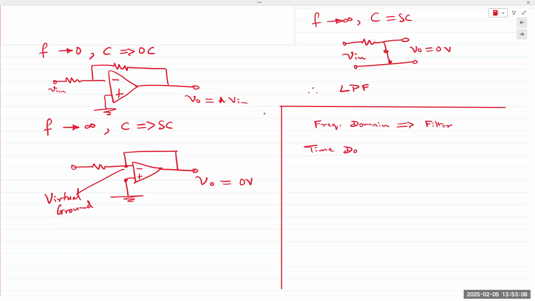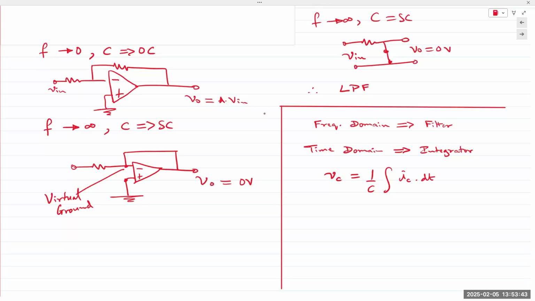If you analyze the same circuit in the time domain, it works as an integrator. Capacitor current I is C dV over dt. Capacitor voltage V is the integral of the current IC. VC is 1 over C integral of the current.